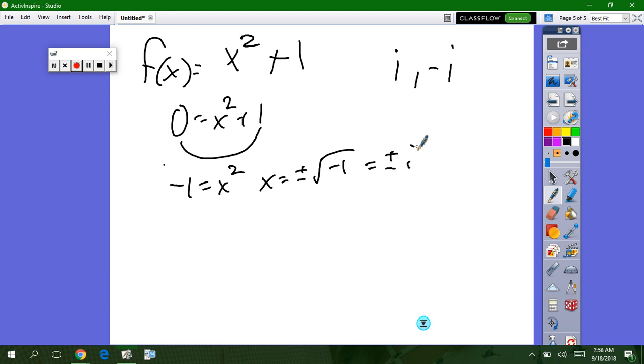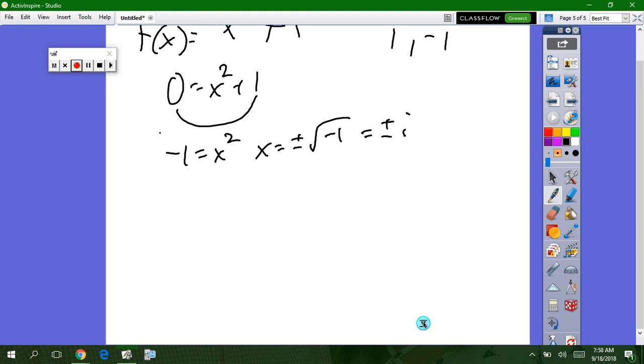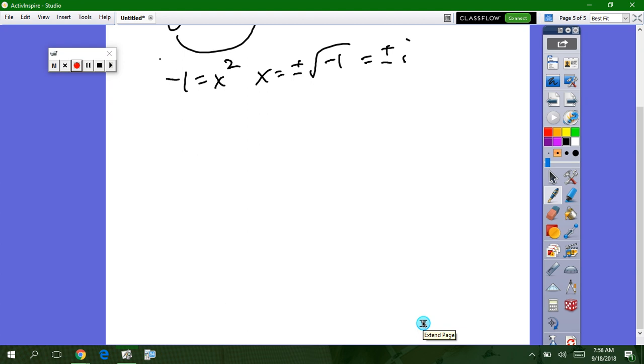Okay. What if I told you that one of my zeros was an imaginary number? Can I still do synthetic? Let's try. So notice we had x squared plus 1, right? How do we write that to do synthetic? What are the coefficients that are needed? 1, missing the linear term, so I need to put a placeholder, right? And 1.